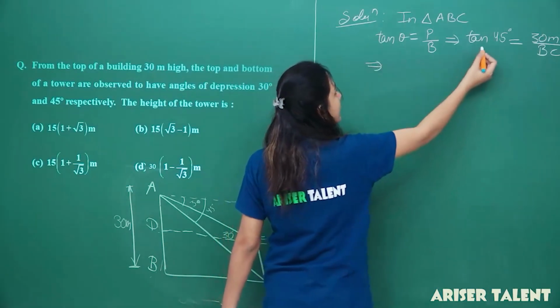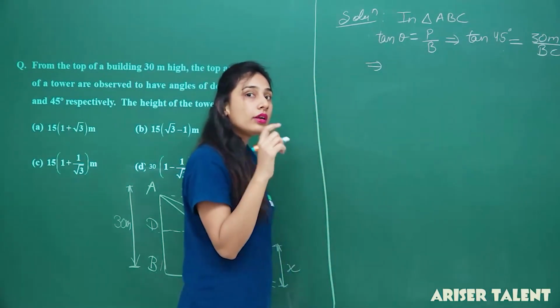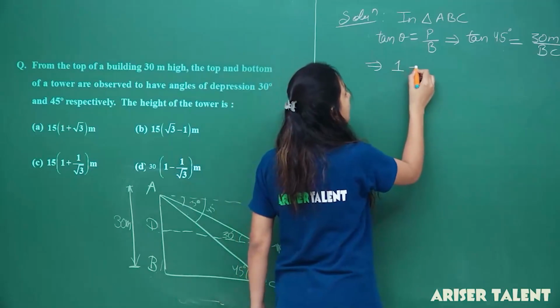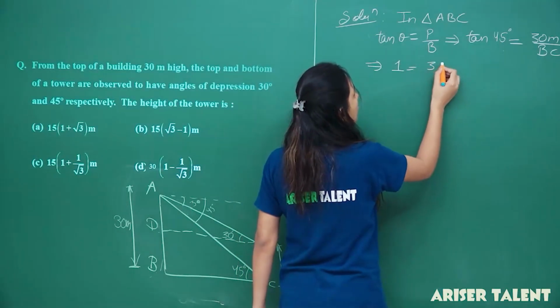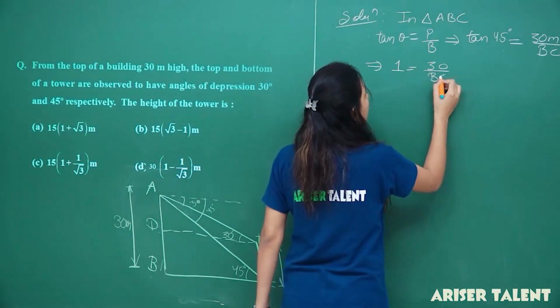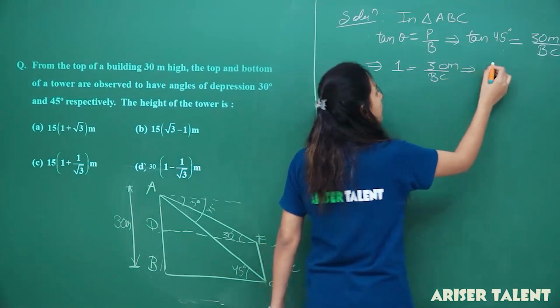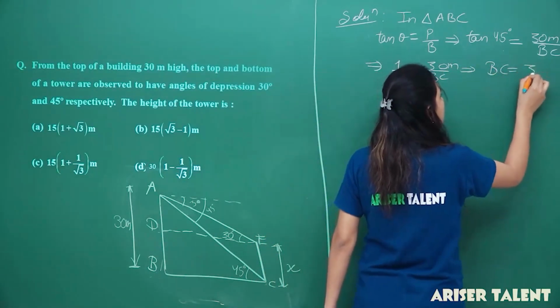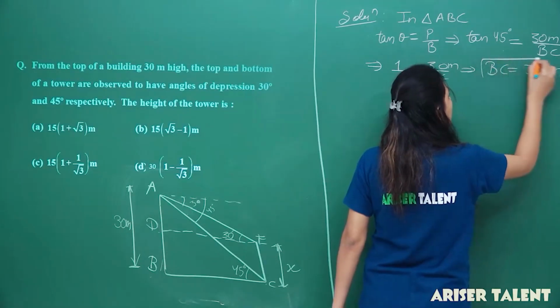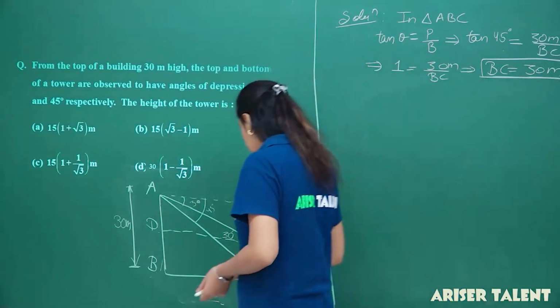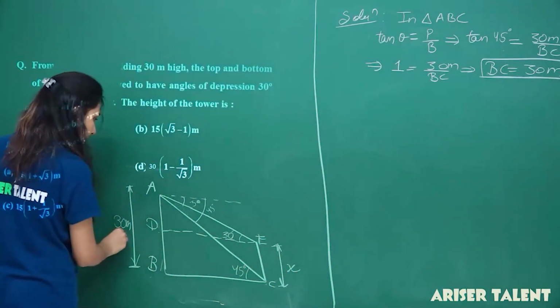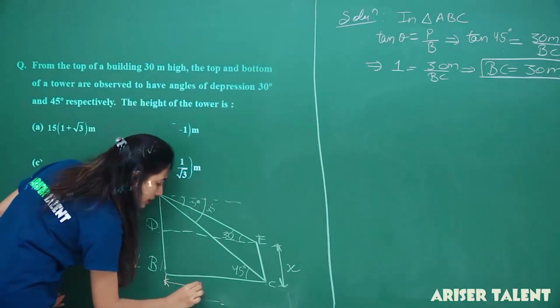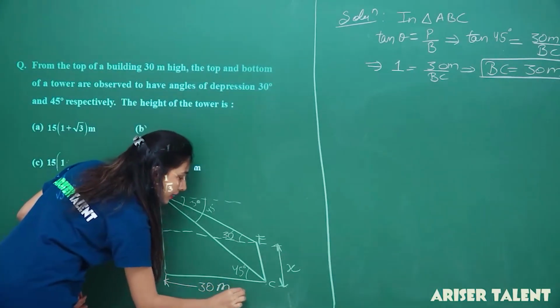Tan 45 degrees is 1, so we write 1 equals 30 by BC. This implies BC's value is nothing but 30 meters, right, students? So we can easily write that this value is 30 meters here.